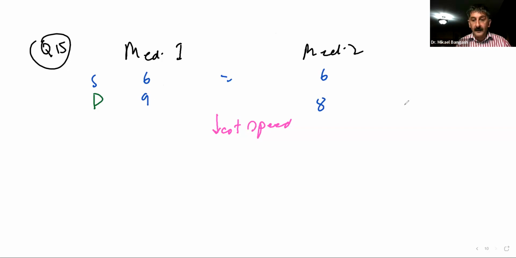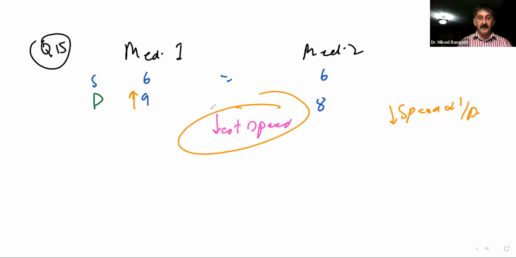And we know that speed is inversely proportional to density. So if we are looking for the lowest speed, we will need to look for the greatest density. So it's going to be one of these two media which will have the lowest speed.